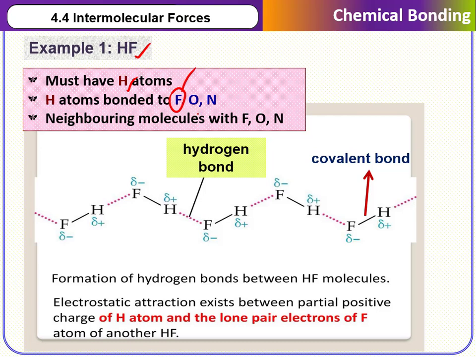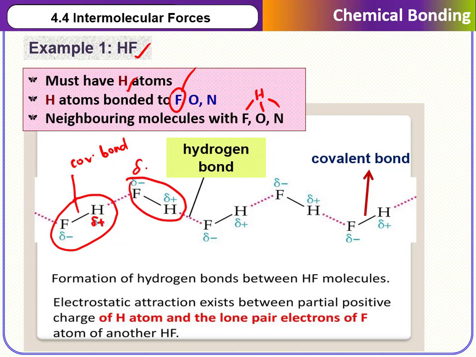The neighboring molecule also has H bonded to fluorine, right? For instance, we have HF. If it is within the same molecule, it is the covalent bond. If it is the attraction between the partial positive and a partial negative from two different molecules, it is the hydrogen bond.